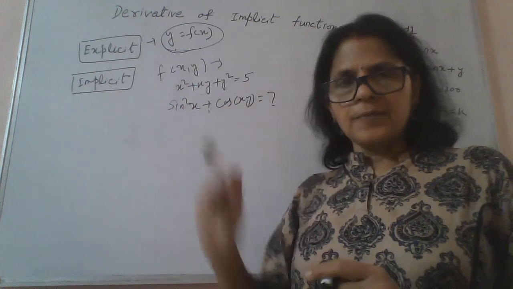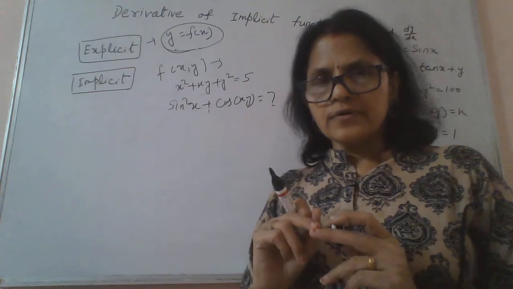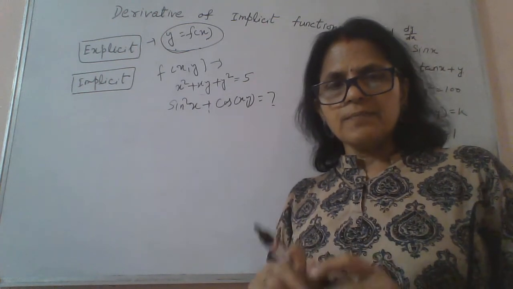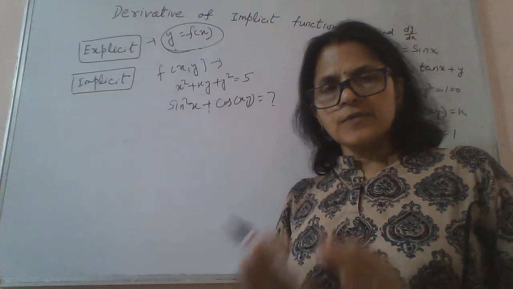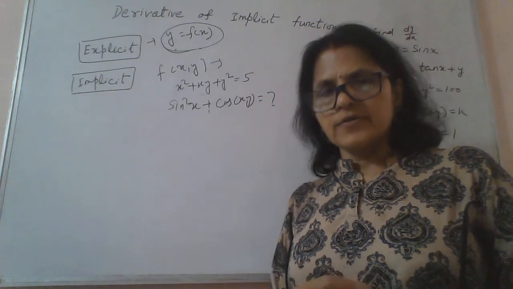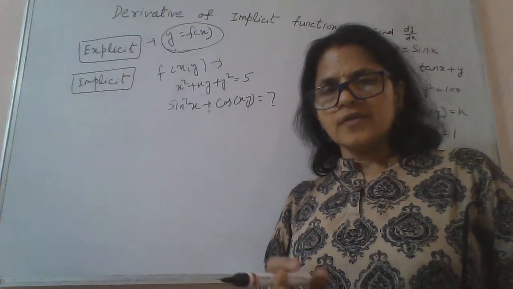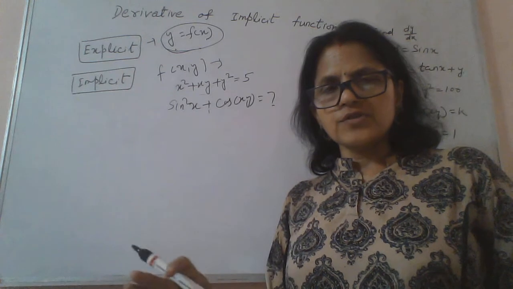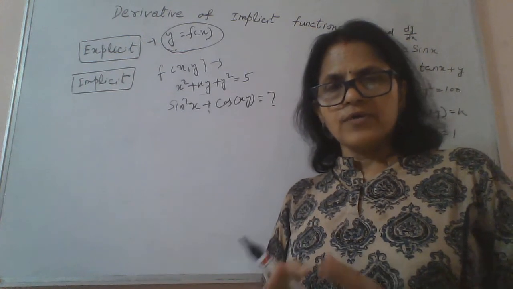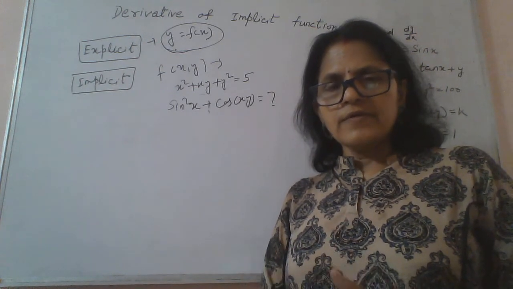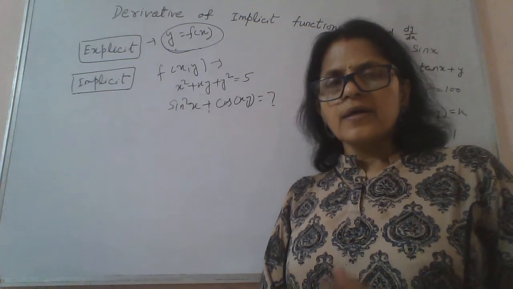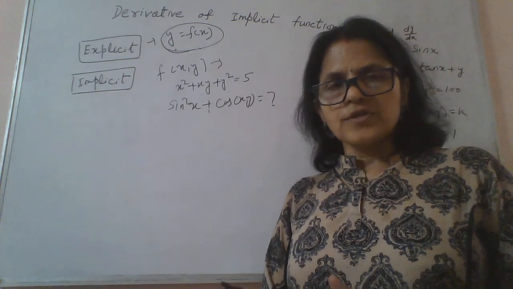Now, the next step is how to differentiate an implicit function, because so far we have been solving questions with explicit functions. In class 11th, all the differentiations we did used only explicit functions, even in chain rule and simple differentiation.